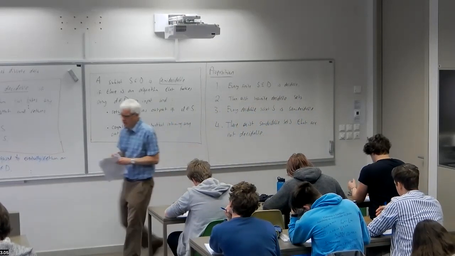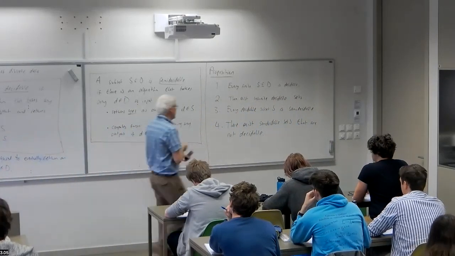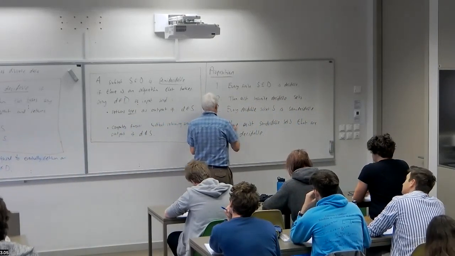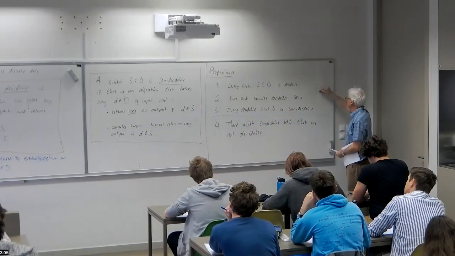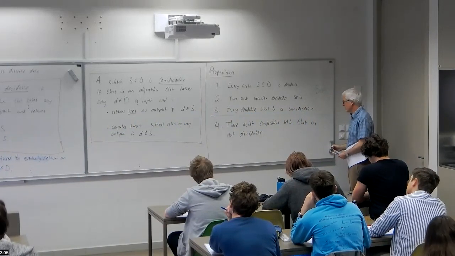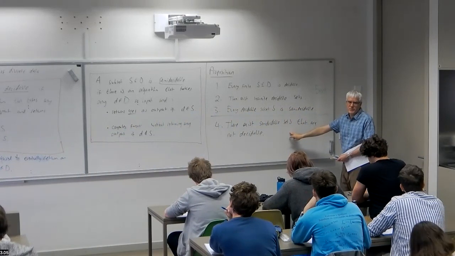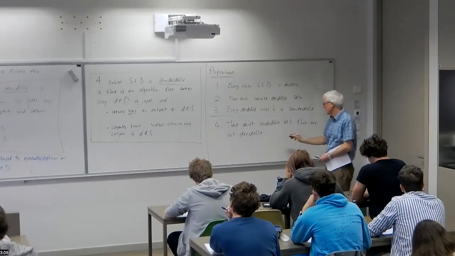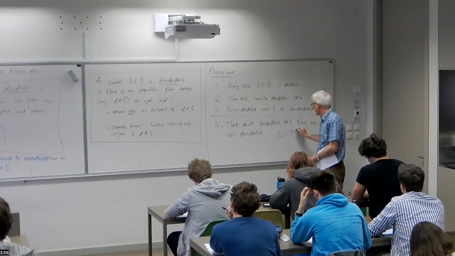I gave you some intuition for why the other three hold. The first three are easy. This is a deeper result, and this is the result where computability theory really gets started. It is a result by Church and Turing.